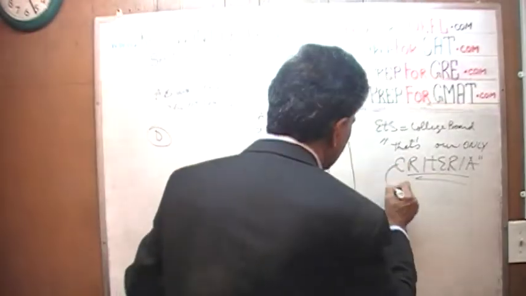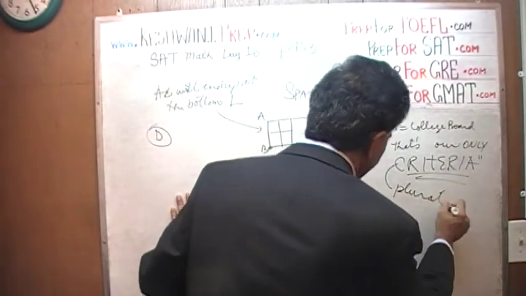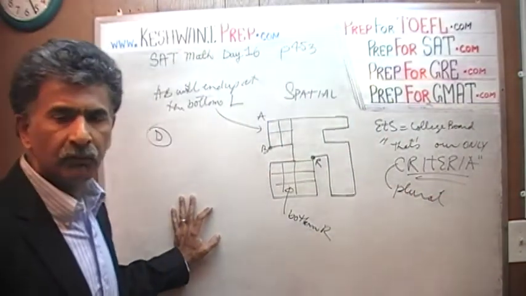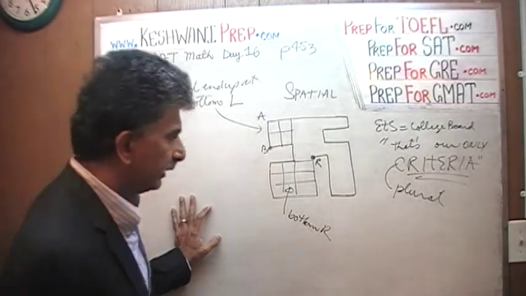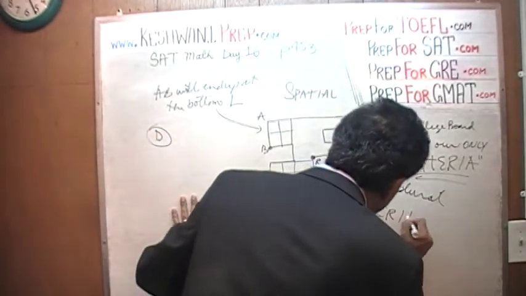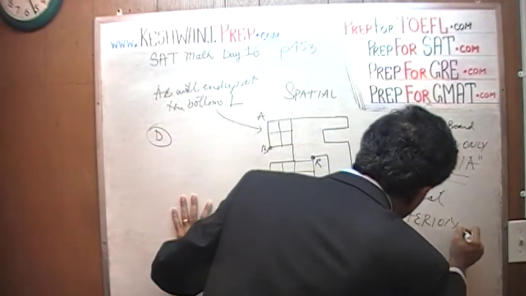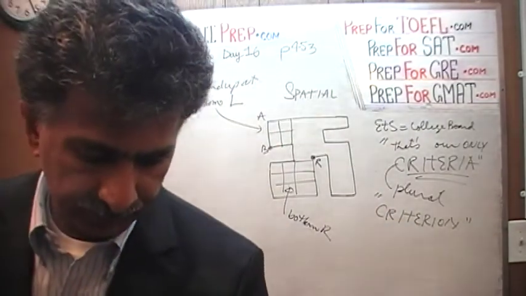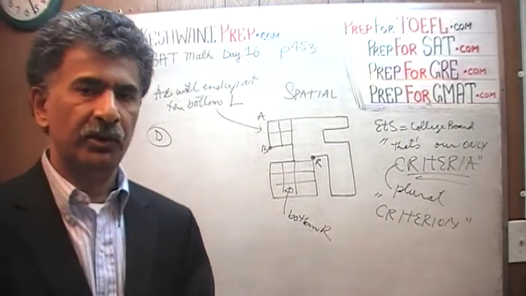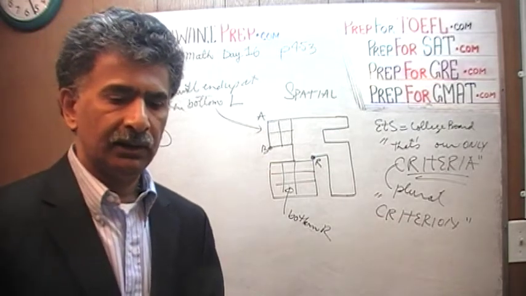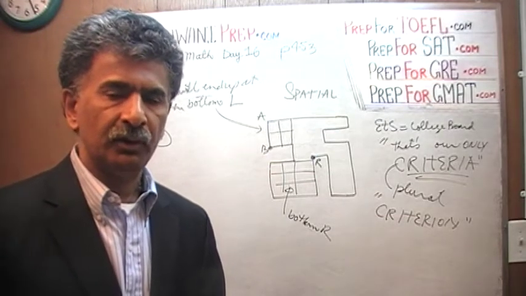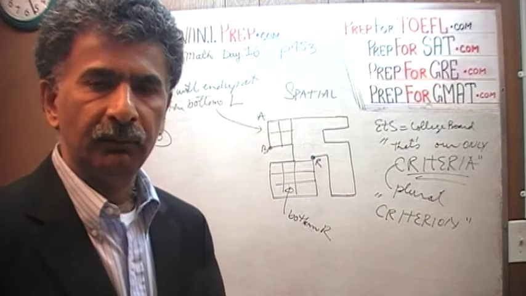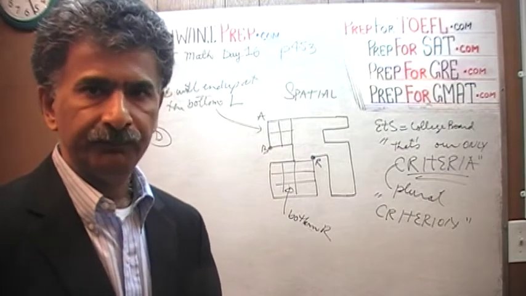Criteria is plural. What is the singular of criteria? The singular of criteria is criterion. That's our only criterion. That's our only rule that we have to follow. That's our only measuring stick, if you like. Only way of assessing something.